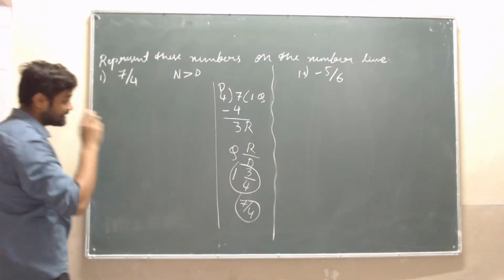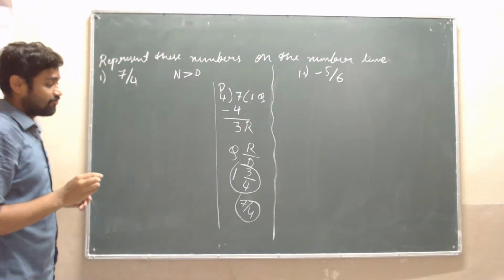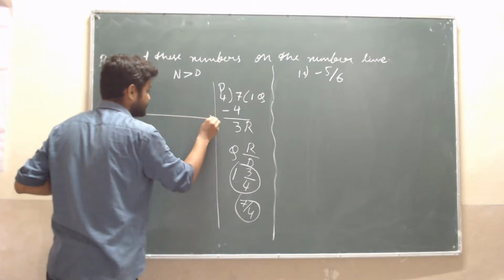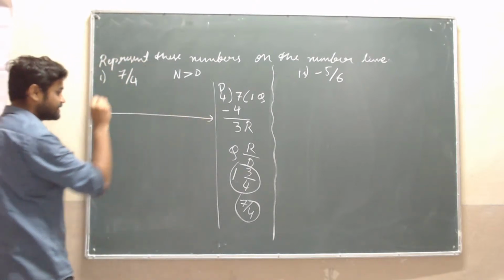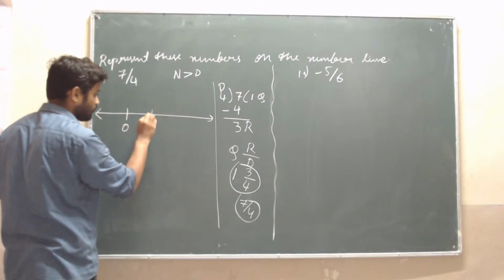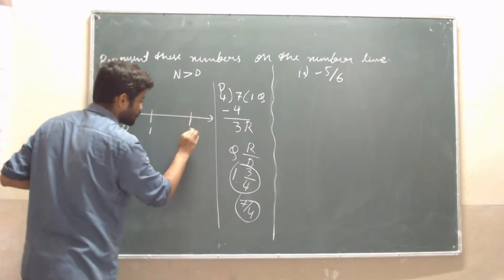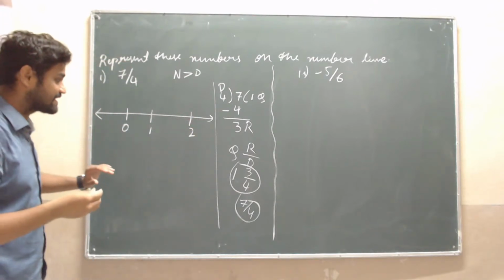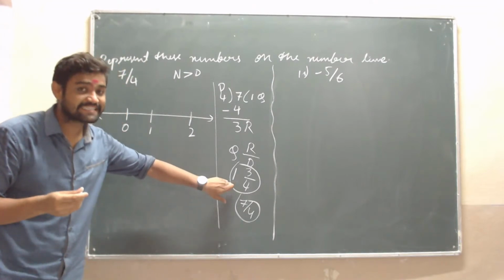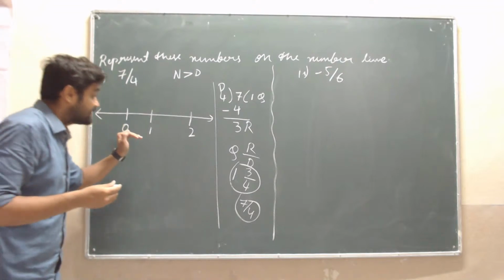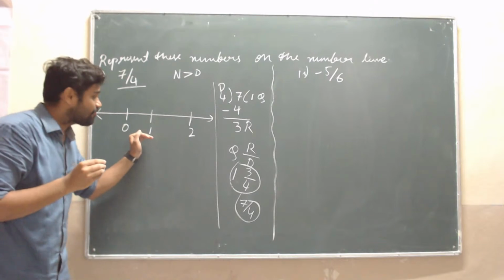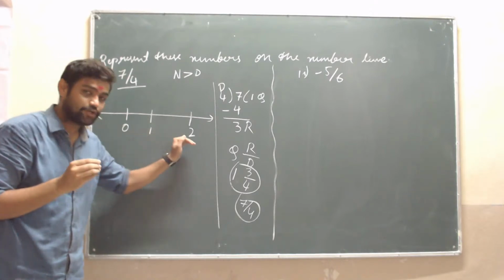Then we have to represent this number, 1 and 3/4, on the number line. See, this is the number line: 0, 1, and this is 2. See here, the whole number part indicates that 7/4 lies between 1 and 2.